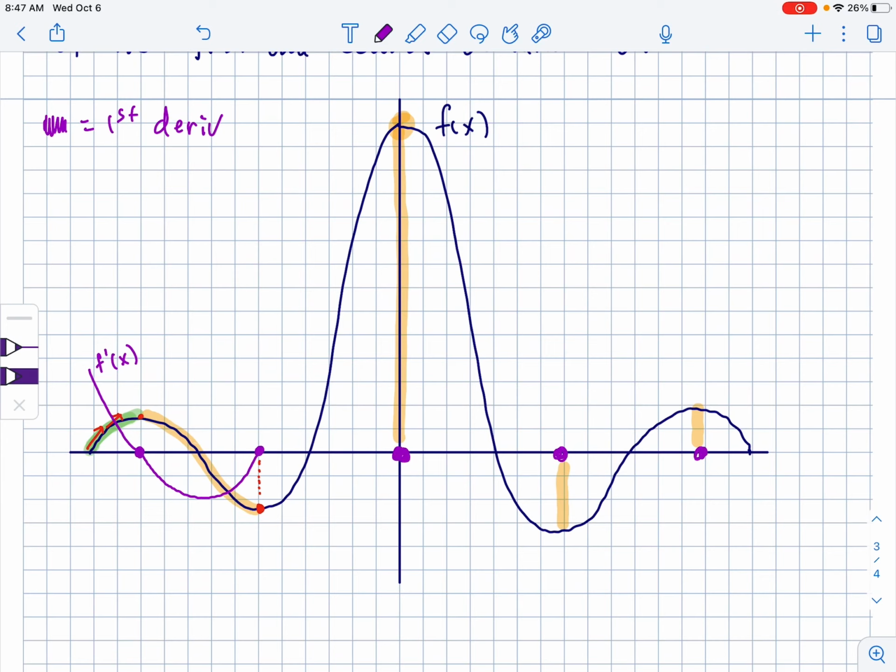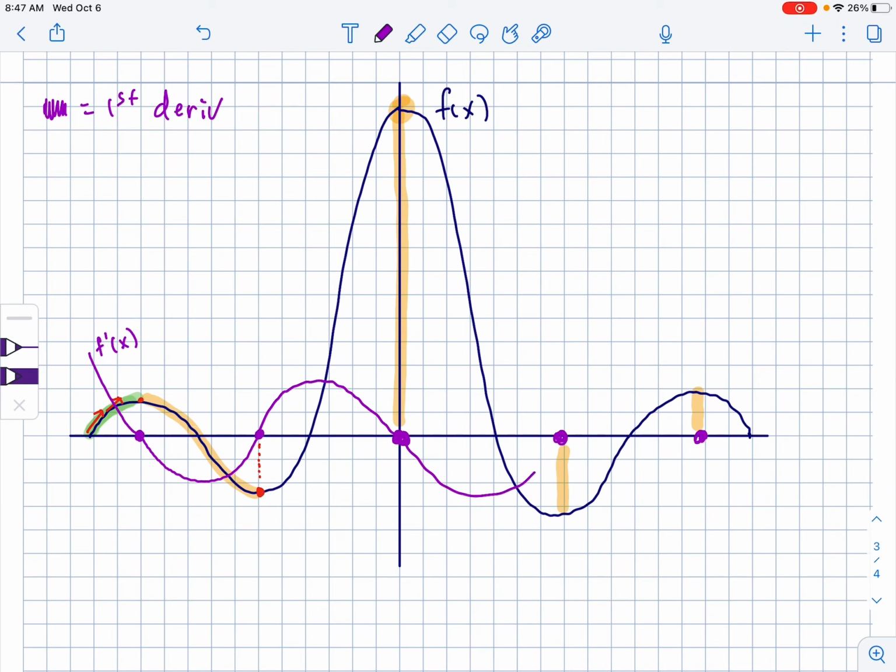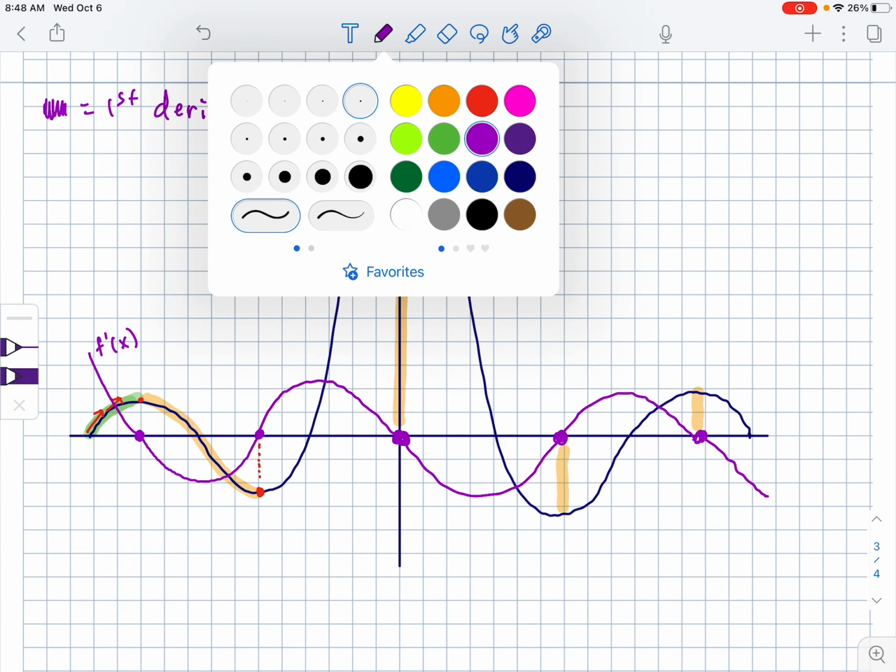Every turning point corresponds with a 0 on the derivative. So it's going to touch here, and here, and here, and then it becomes negative past that, something like this. So that's the first derivative.